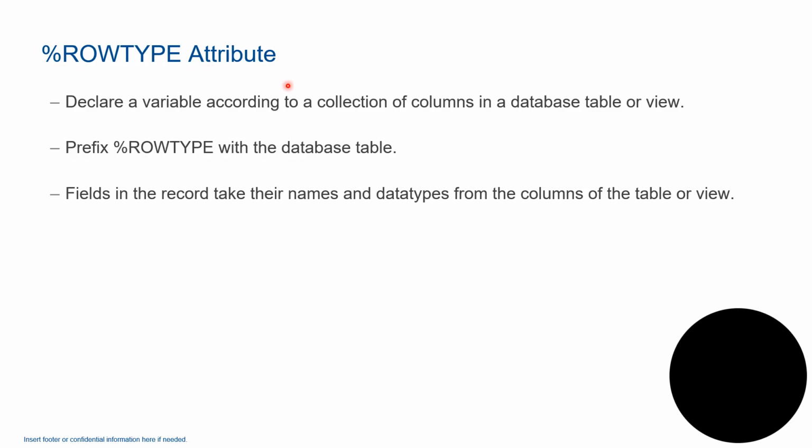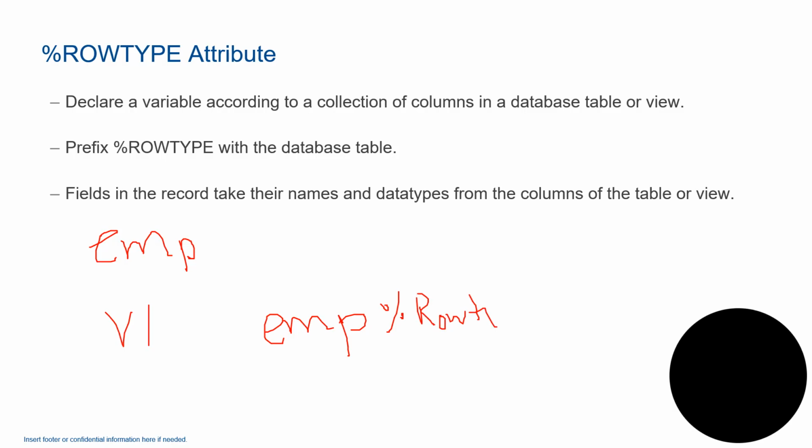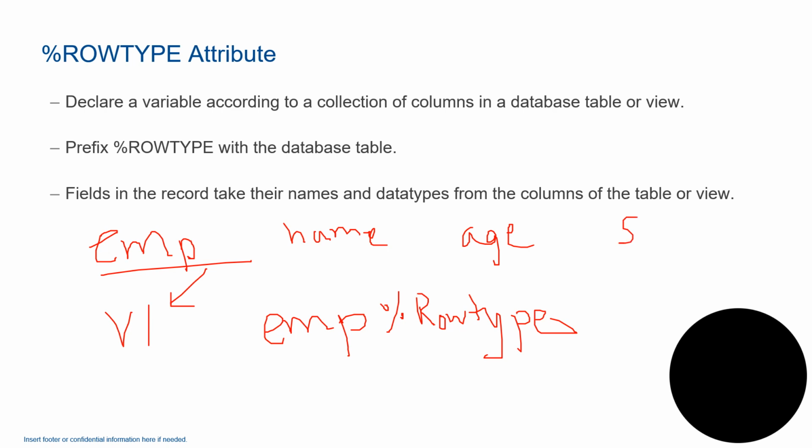Now the %ROWTYPE attribute is similar. Suppose we have a table employee and we define v1 as employee%ROWTYPE. Whatever columns the employee table has will be reflected in v1. Suppose the employee table has name, age, and salary of the employee.